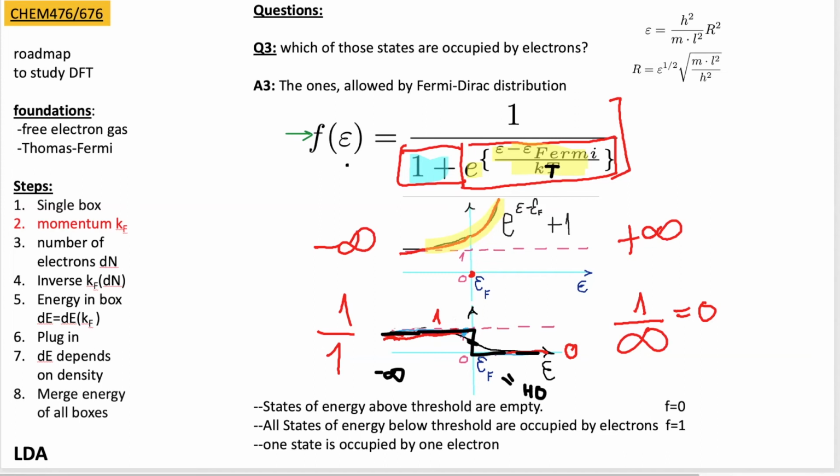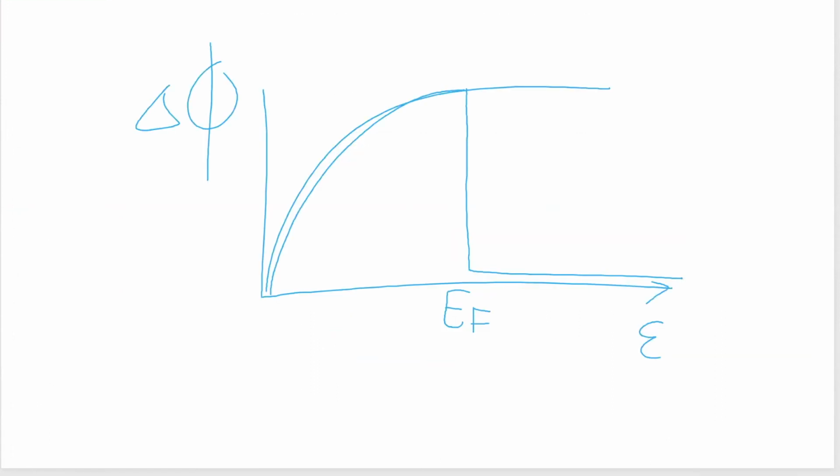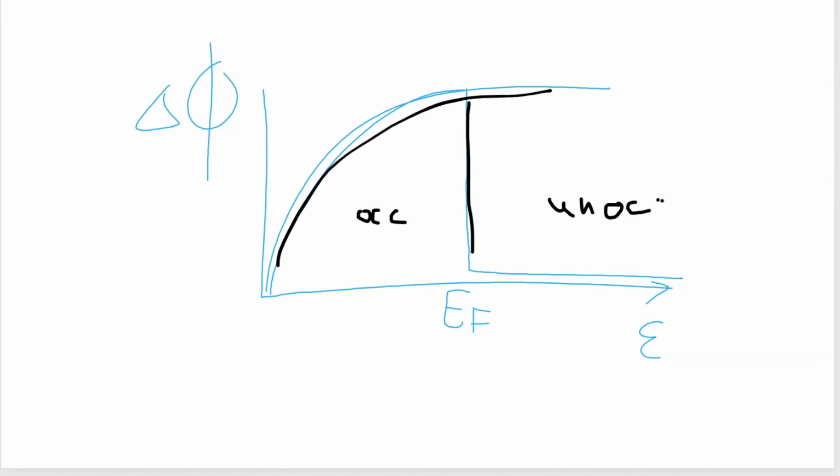In physics language, all electrons obey the Fermi distribution, which at zero temperature is just a step function. Now, I do have the density of states, but only states up to the Fermi energy are occupied. Everything after is empty, and I can forget about it. So in any considerations, I can stop at the Fermi energy.